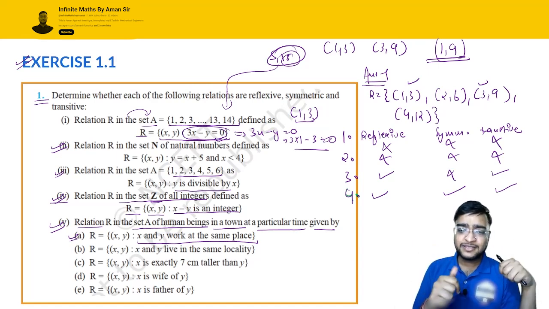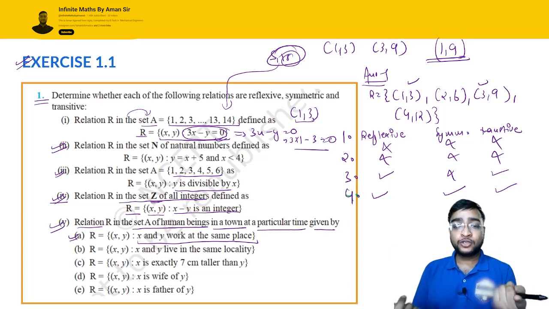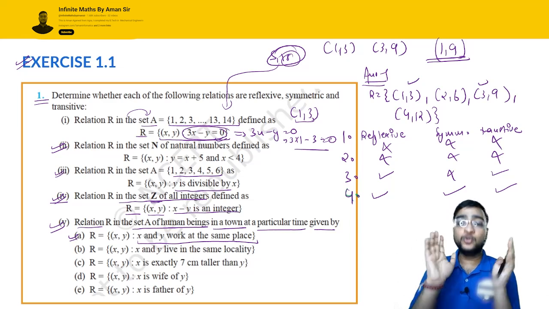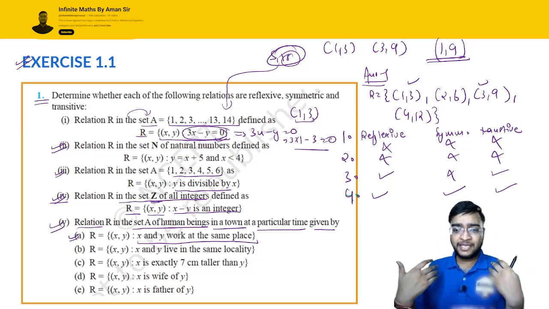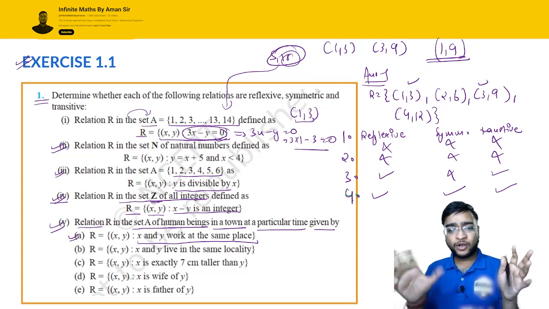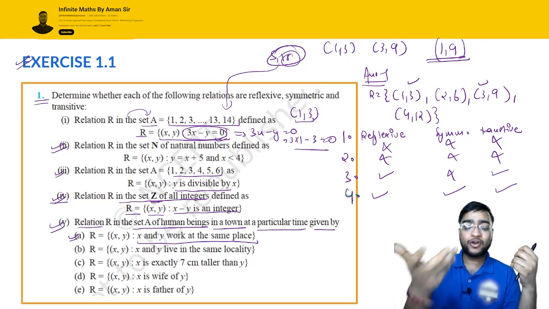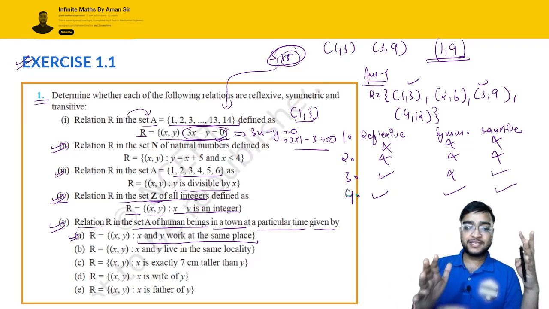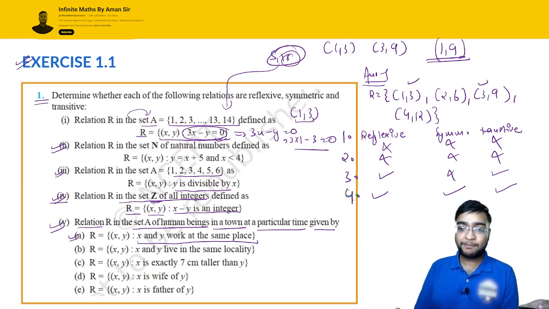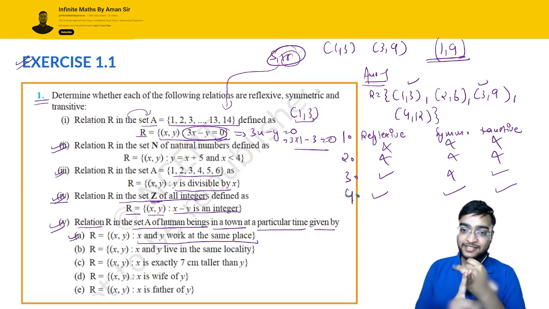If I say me and me, it is exactly the relation. So I can say x and x work at the same place. Is this a reflexive relation? Yes sir. So the reflexive part is clear.